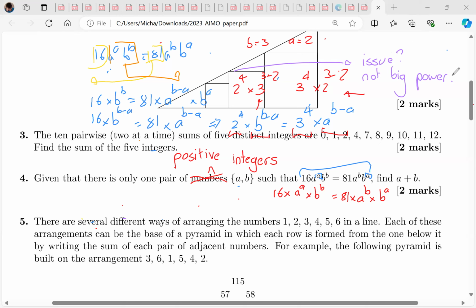So what are 2 ways to increase those powers? One way is to change our 3 to a 9, which is 3 squared, or 2 to the 4, which is 2 squared. Our other way is to increase the values here, so that our powers will be bigger.